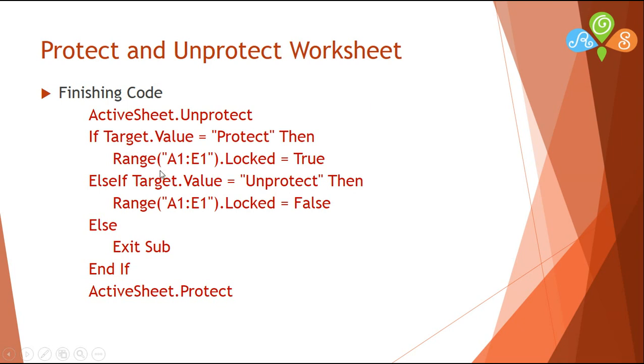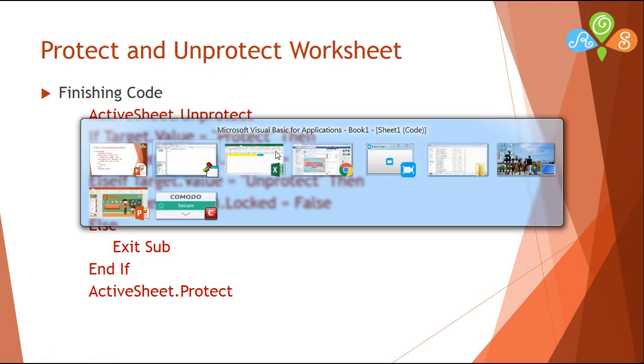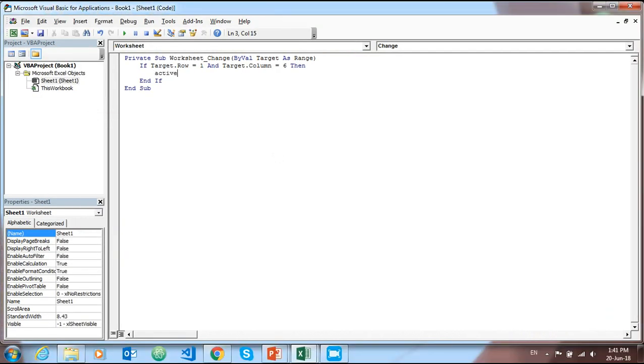Finishing the code. First I put ActiveSheet.Unprotect. And after I do something with the code, then I put ActiveSheet.Protect.